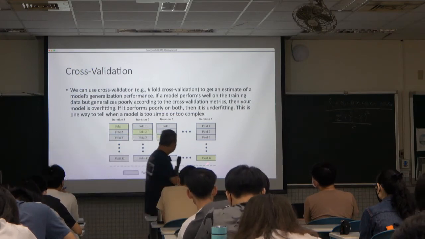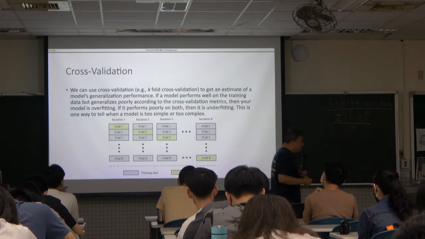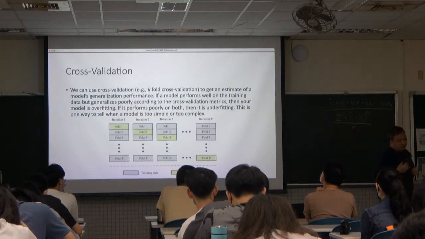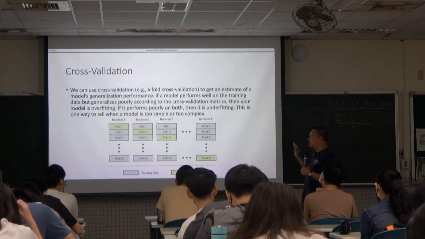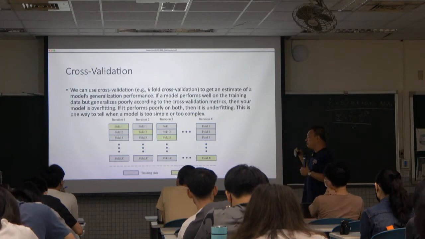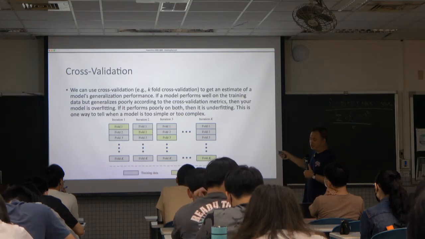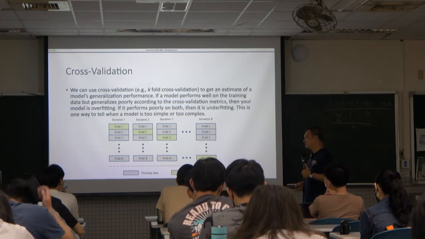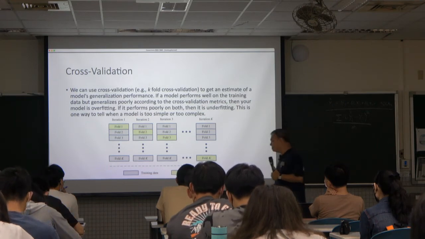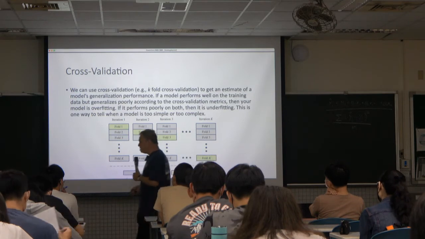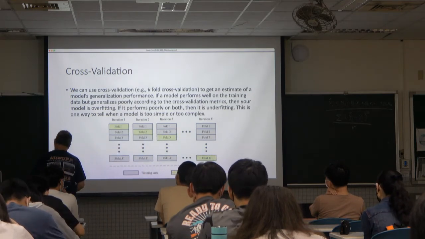But let me be clear: this k-fold cross validation is more suitable for the machine learning field, like the regression algorithms that we talked about. For deep learning, this approach is probably not going to cut it.